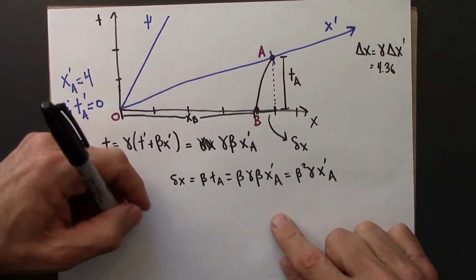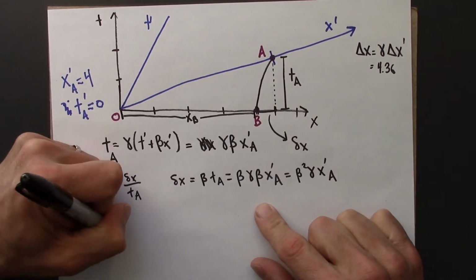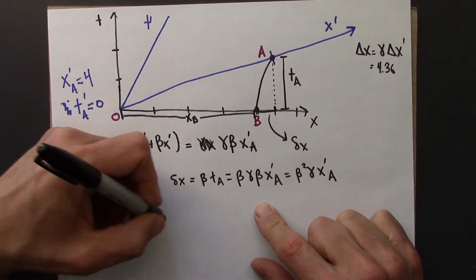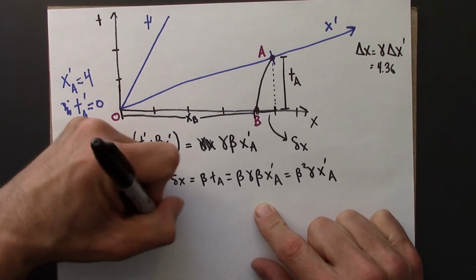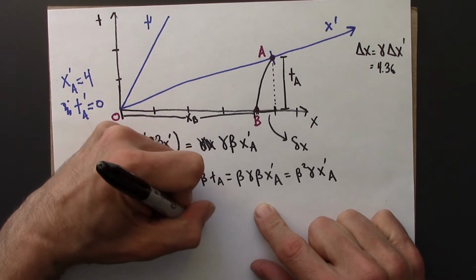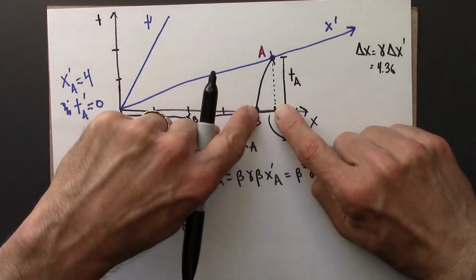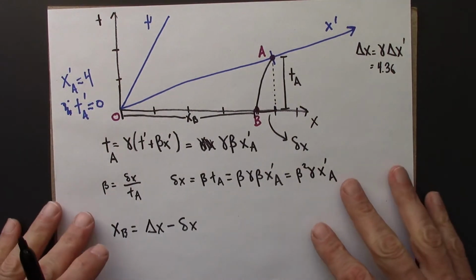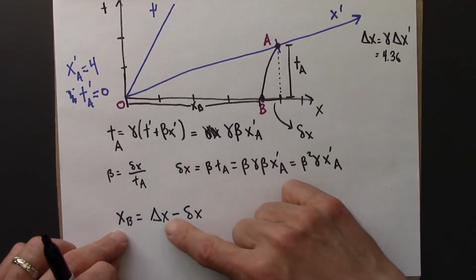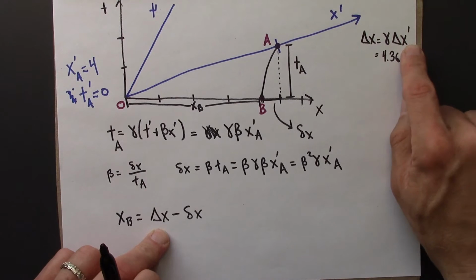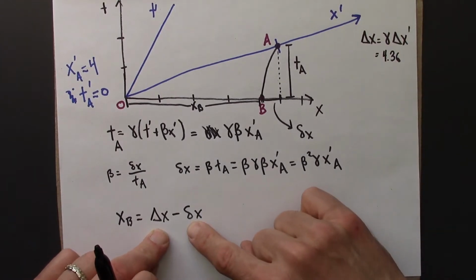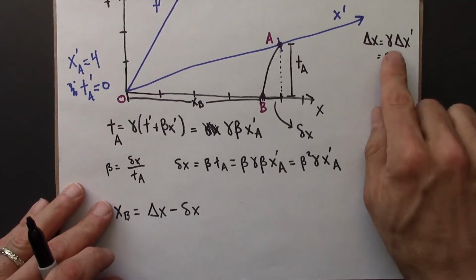And if we take delta x, all right, let me write this. xb, all right, so xb is this length minus that length. That's what this says just in algebra. And good news, we've got a formula for this, and we've got a formula for that, so we're almost done.